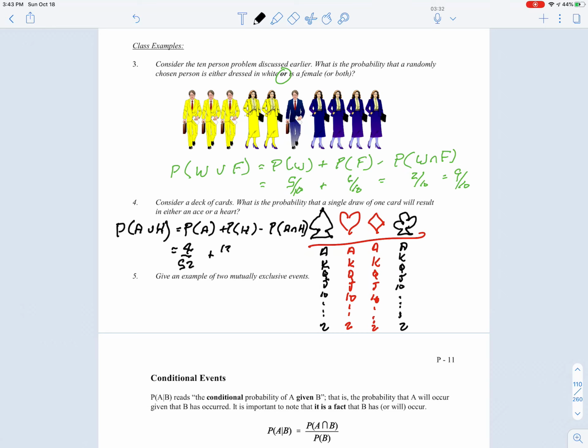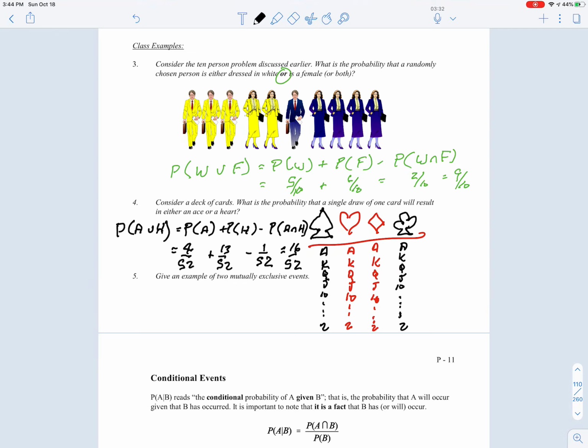Number of hearts is 13 out of 52 cards. And then in each case, we've counted the ace of hearts. And so we have to subtract off 1 out of 52, the probability that a card is both an ace and a heart. And that leaves us with 16 out of 52.